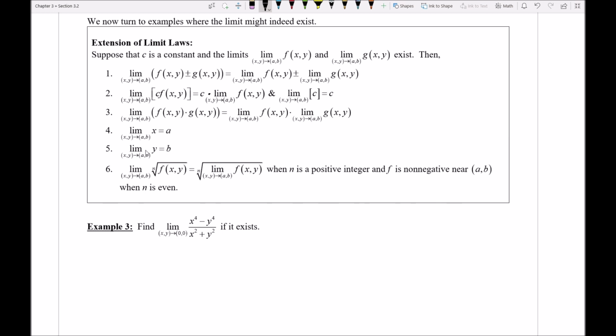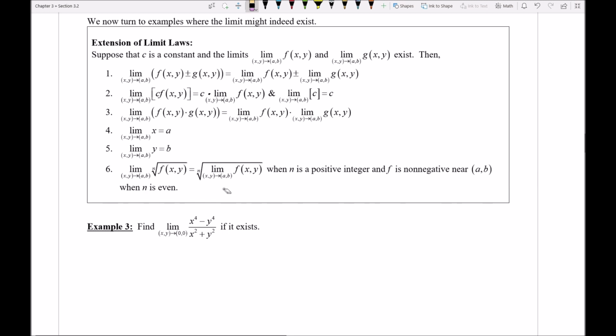Finally here on number 6, if you're doing the limit of a radical that has a function inside of it, you can move that limit to the inside of the radical. That is, you can do the limit of the inside part and then just apply the square root or the cube root or the fifth root after the fact.